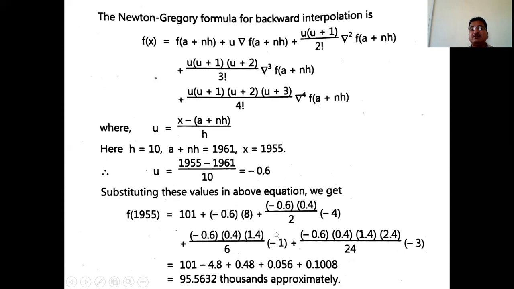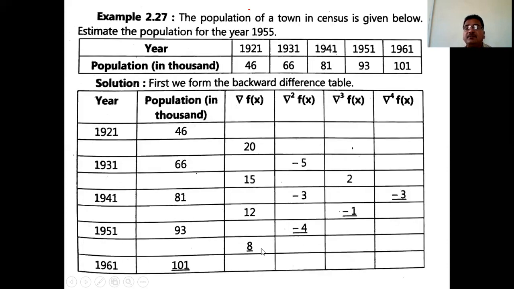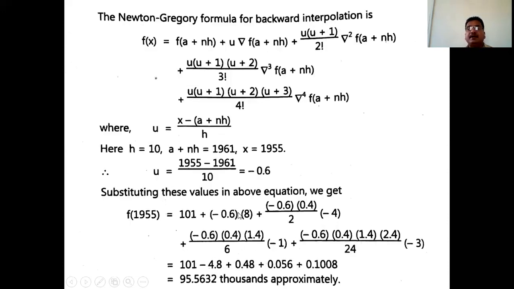All these values 8, minus 4, minus 1, minus 3 are from this 101, 1961. 101 is f of a plus nh. And calculating, we have this answer 95.56. So this is the population in the year 1955 of that town.